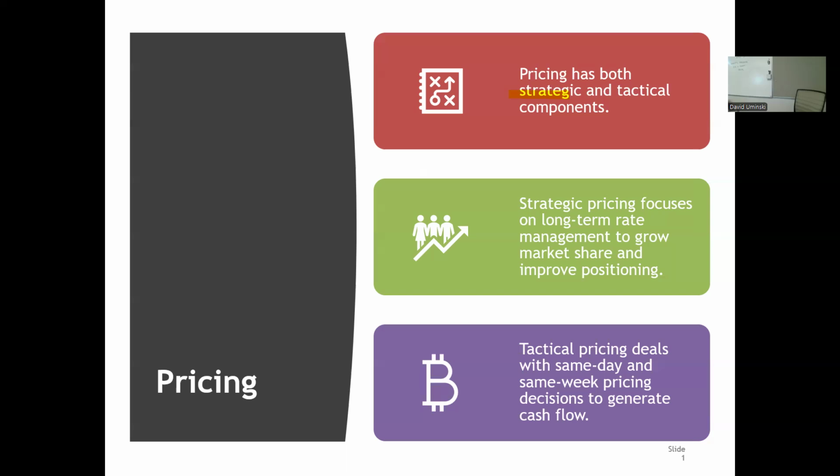Sometimes with tactical pricing, we may just look at the week. When I was working at La Quinta, part of my job as the front desk agent on the 7 to 3 shift, in between guests checking out, was to go on to Orbitz, which was one of the newer online travel agencies, OTAs.